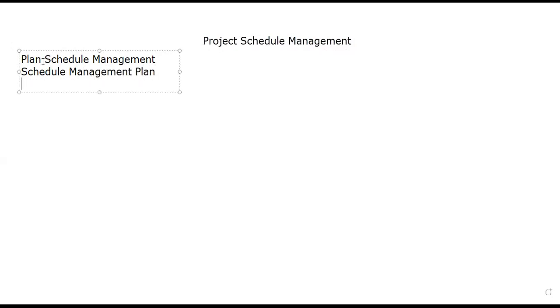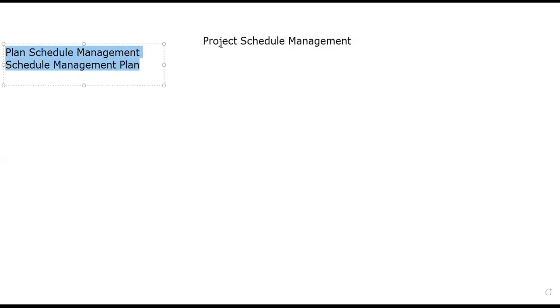Once you execute this process, you will get the strategy you will write down in the schedule management plan, what methods you will use, and what the level of accuracy and precision will be. It will also be considered here: the level of accuracy for the schedules, how much plus and minus will be considered, what the exclusion guideline will be, what the monitoring and controlling guideline will be. Everything will be mentioned here in the schedule management plan.